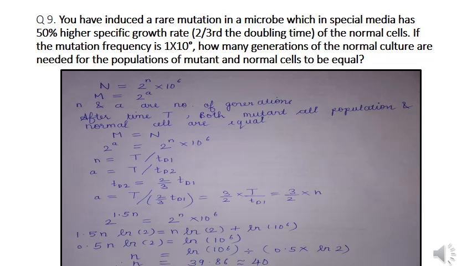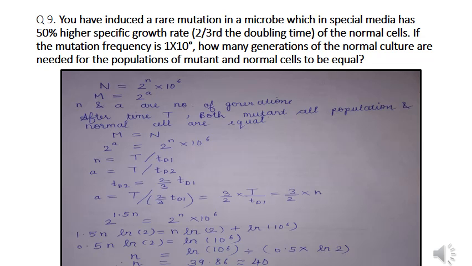But actually your td2 is lesser than td1. So td2 is equal to 2 by 3 of td1. So put these values in a and make your variables the same. After substituting the values, we get 2 raised to 1.5 times n is equal to 2 raised to n into 10 raised to 6.